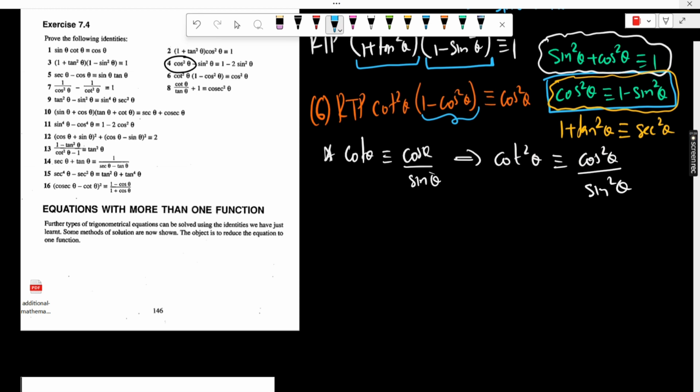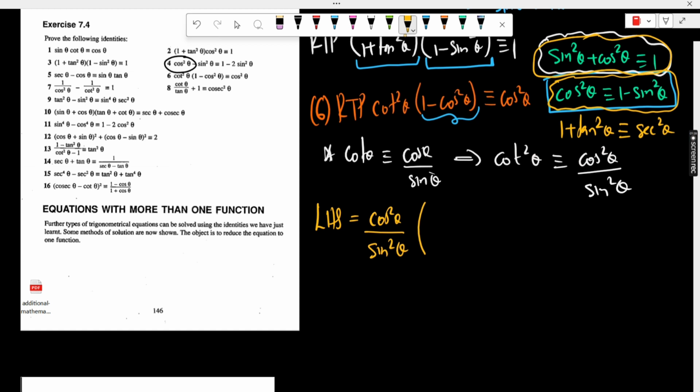All right, so let me tackle this one. I gave you some hints, so we could start with the left-hand side. Since I told you what cot squared theta is equal to, this is going to be equal to cos squared theta over sine squared theta times. Now, I put a little bracket under 1 minus cos squared theta, hinting that you need to change this, but you should have been able to figure out what to change it to, because we have this identity over here.